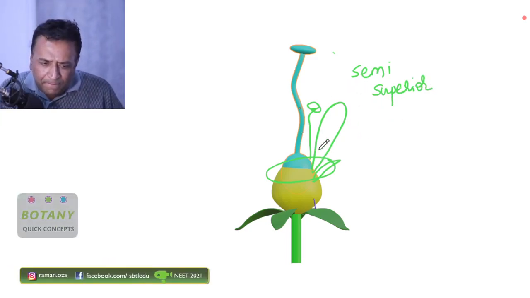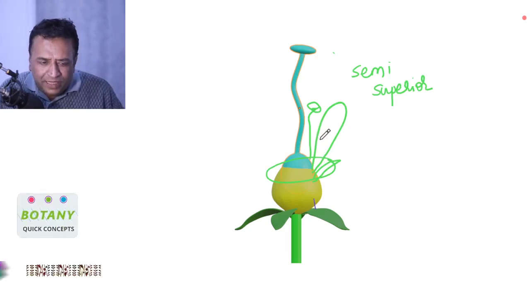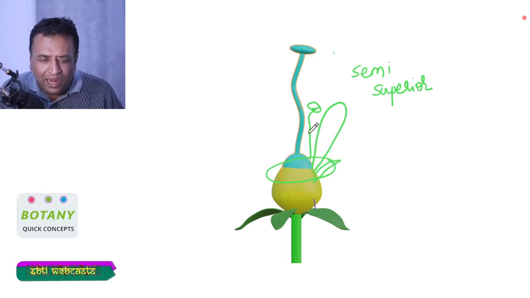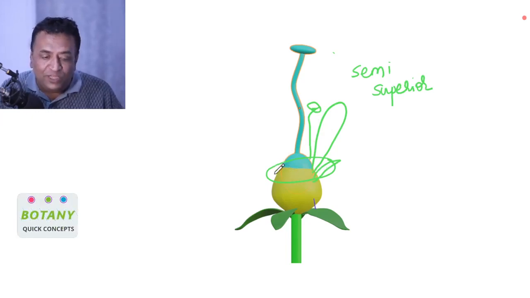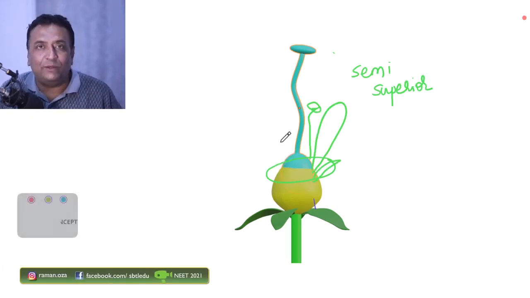And you can note that calyx, corolla, androecium, they are all arranged around this ovary, around this gynoecium.